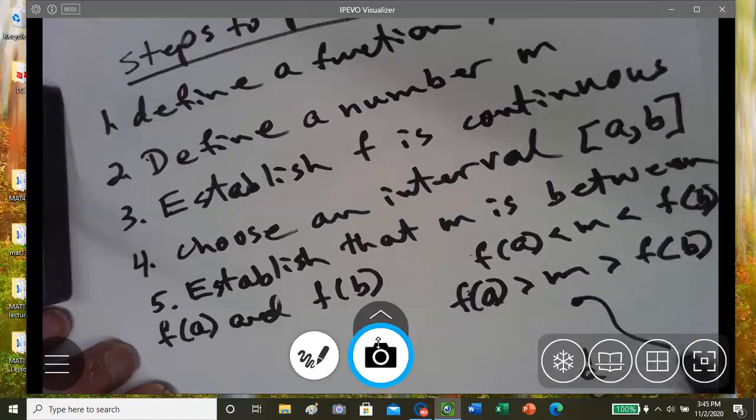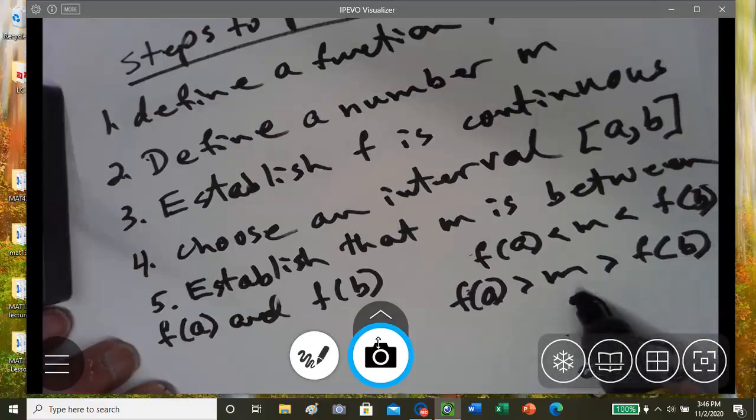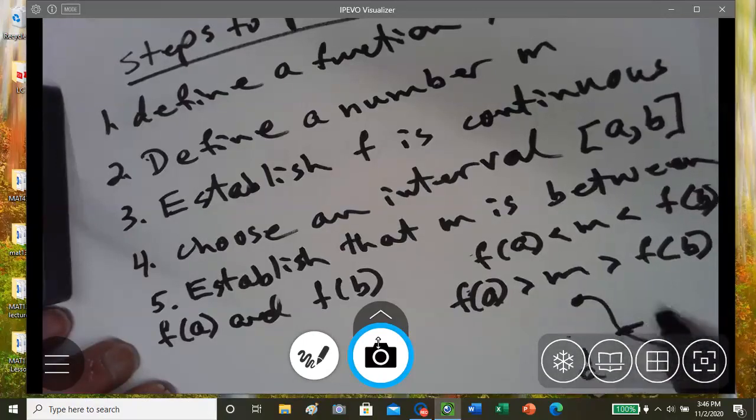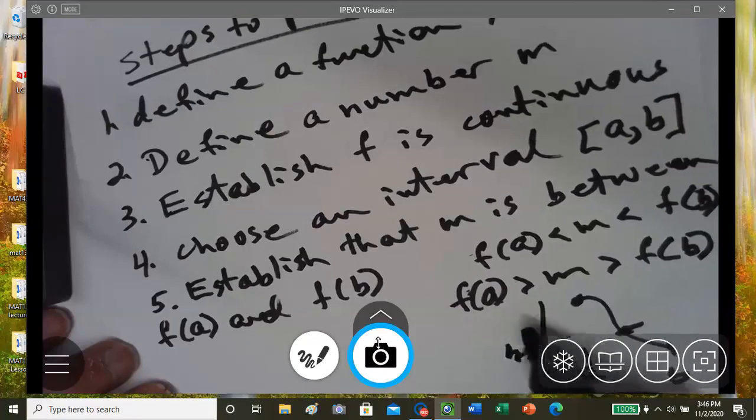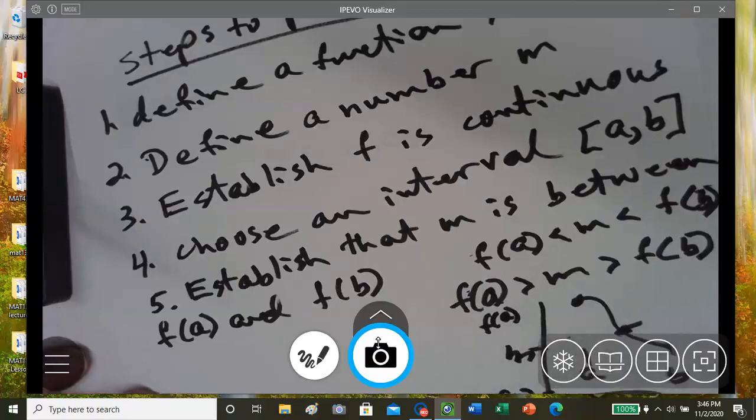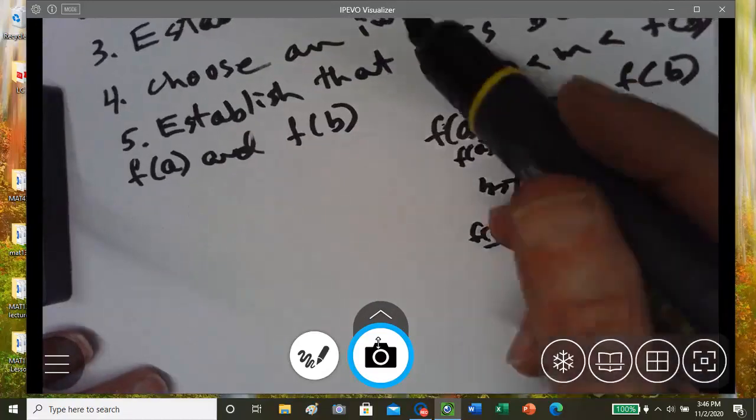Here's a, and here's b, and here's m. So now f of a would be larger than m. This is f of a here, and f of b. So I could go either way.